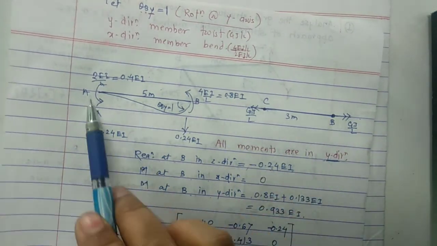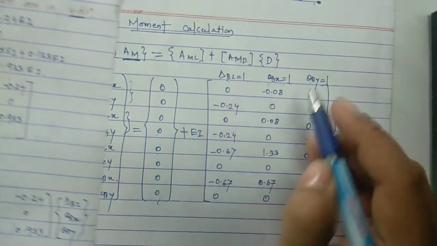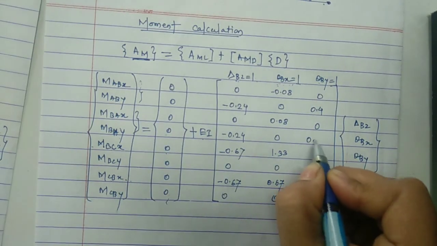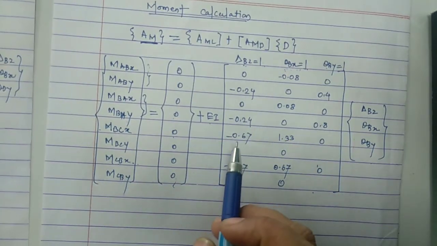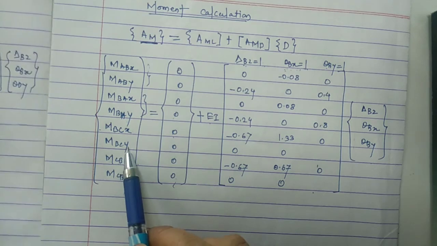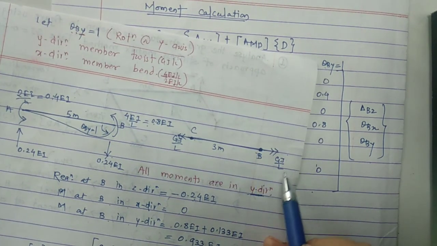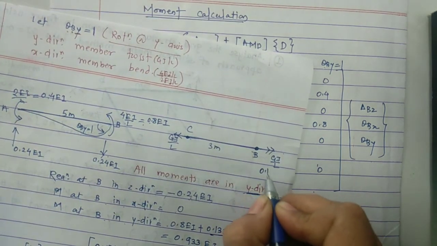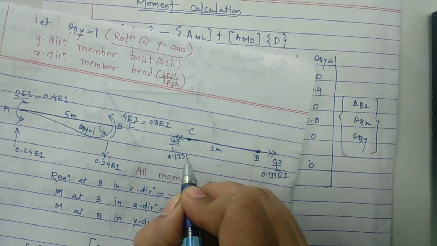And now the remaining values of Y moment at these 4 points. AB moment 0.4, ABY moment 0.4. BA this 0.8, BA 0.8, write down in the same row of that element. Then this BC, this EI upon L that we have calculated, 0.133 EI.